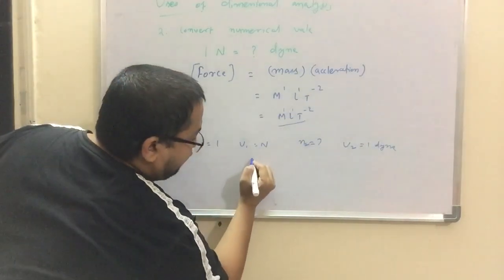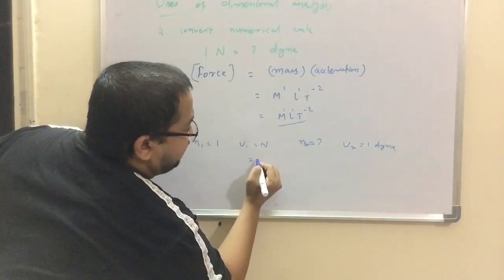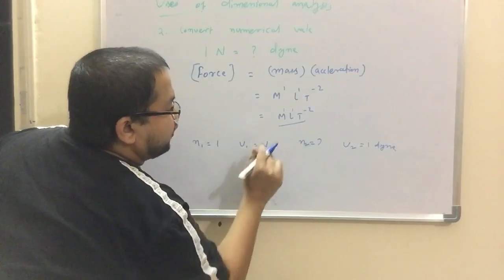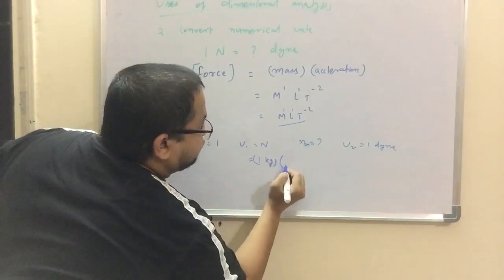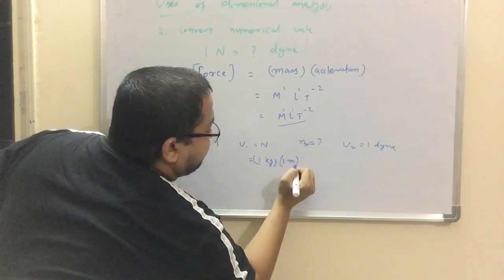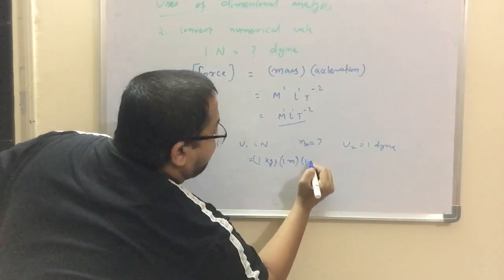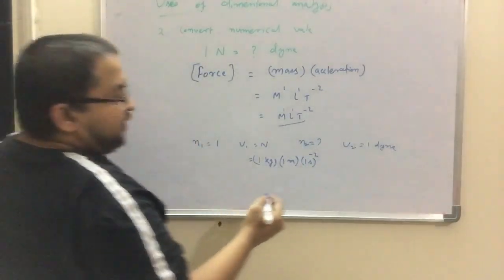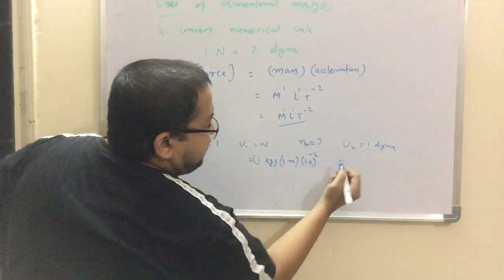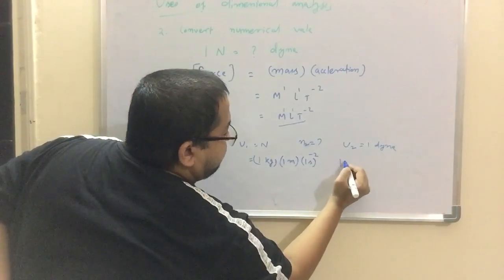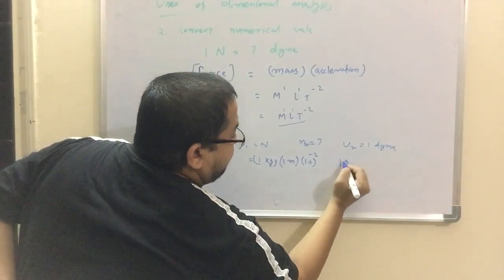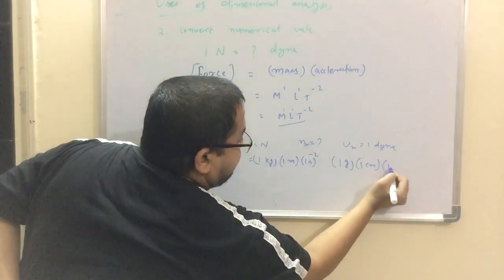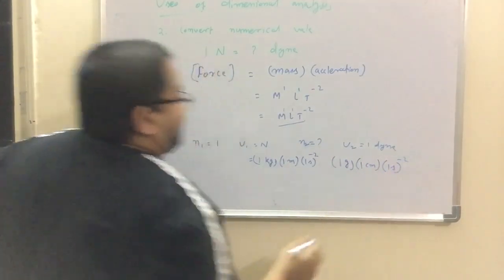So I can say 1 Newton is nothing but 1 kilogram to the power 1 into 1 meter into 1 second to the power minus 2. Similarly, 1 dyne should be equal to 1 gram, 1 centimeter, and 1 second raised to the power minus 2.